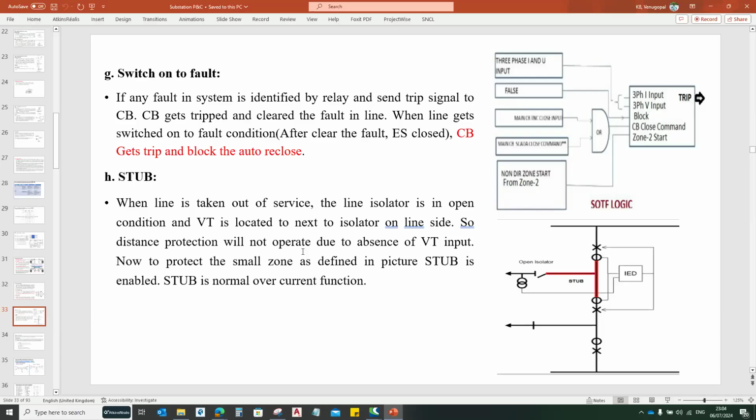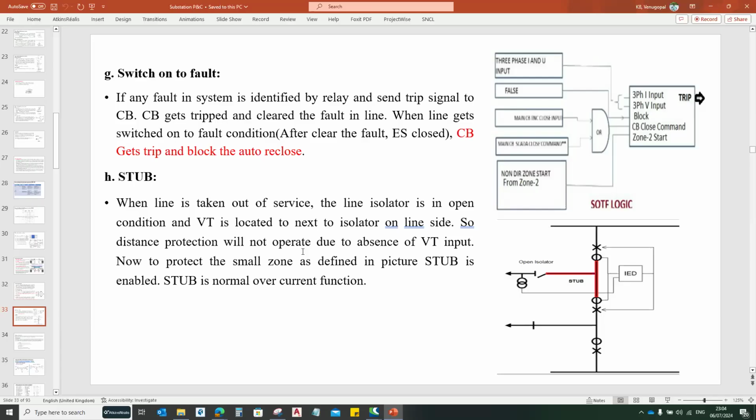If the site technician forgot to open that air switch, and the person tries to close the circuit breaker to energize the line, then once the line is energized, it will immediately get tripped because the air switch is already in closed condition. So it will create a triple line to ground fault. This condition is called a switch on to the fault condition.